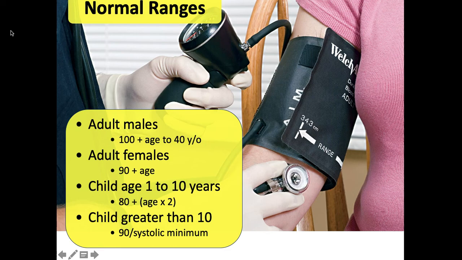And kids that are greater than 10 years of age should have at least a 90 systolic minimum blood pressure, essentially. And everyone's different.